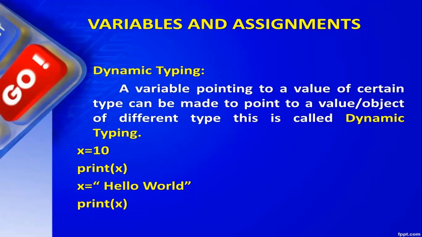So what basically happens is, it is possible that initially the variable was pointing to something that was an integer type. Later, it is now pointing to something that is string type. So automatically the type of data in the variable has changed. So the variable type will also automatically change. This is called dynamic typing.